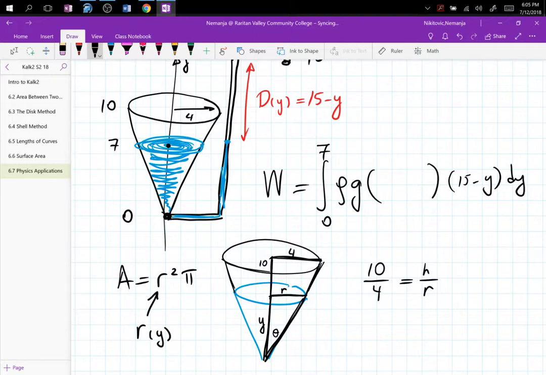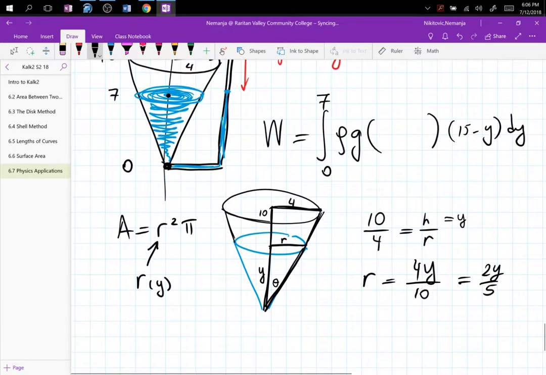So now you can see that when you solve for radius, it becomes, so radius goes up, and then you have your h is equal to y, right? That's our height. So radius goes, y stays, so 4y over 10, which is actually 2y over 5. So radius in terms of y is 2y over 5.